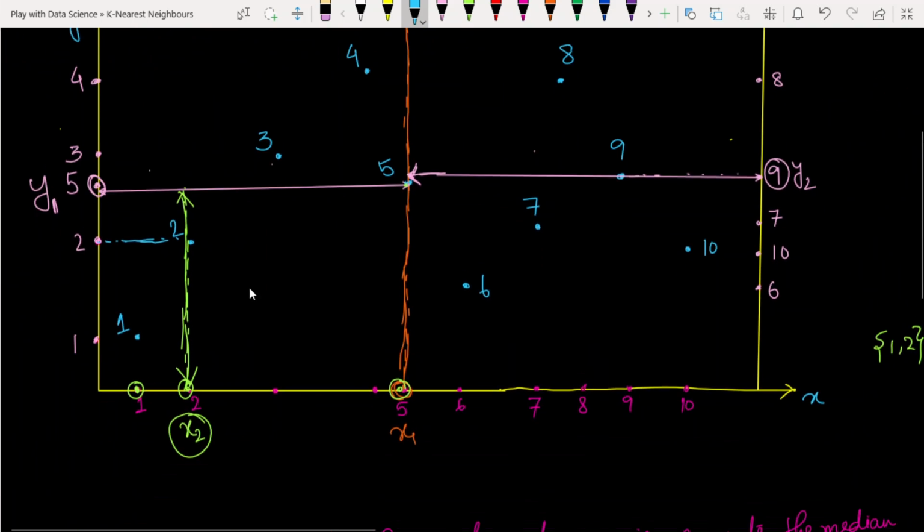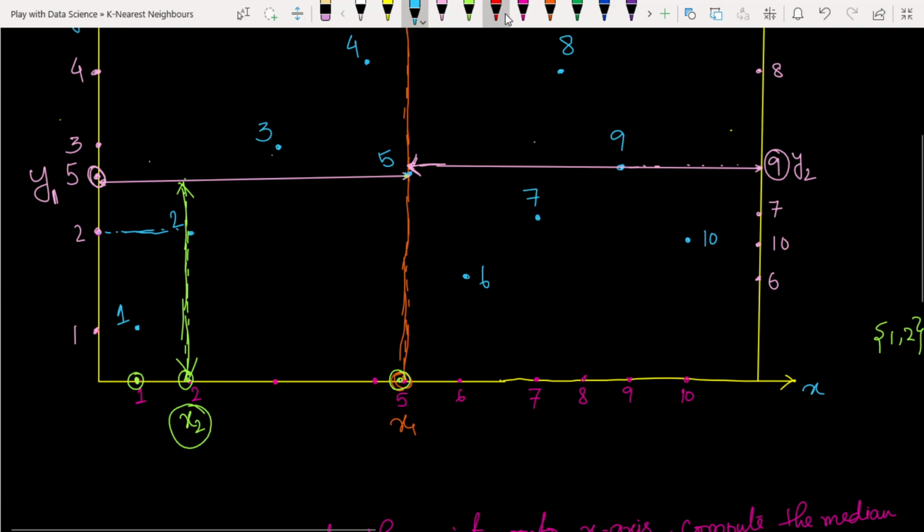So to reach these regions, we have to consider this. First we have x less than x1, this region. In the second step, we have to make y less than y1, and x less than x1, and x also greater than x2.